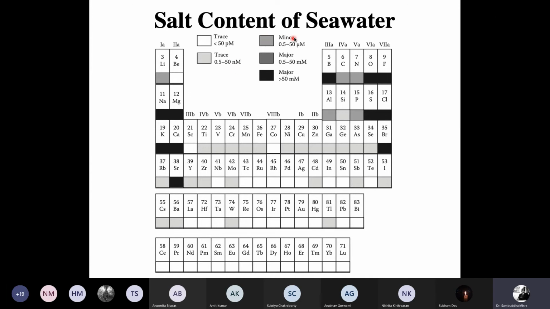Then the darker colors give you minor, major, and really major components. The really major components are sodium, magnesium, potassium, calcium, strontium, boron, oxygen. Obviously, water is a big part of it, not dissolved oxygen, but water in the form of H2O, sulfur, chlorine, and bromine. Okay, I'm going to stop here and take some questions if you have any.